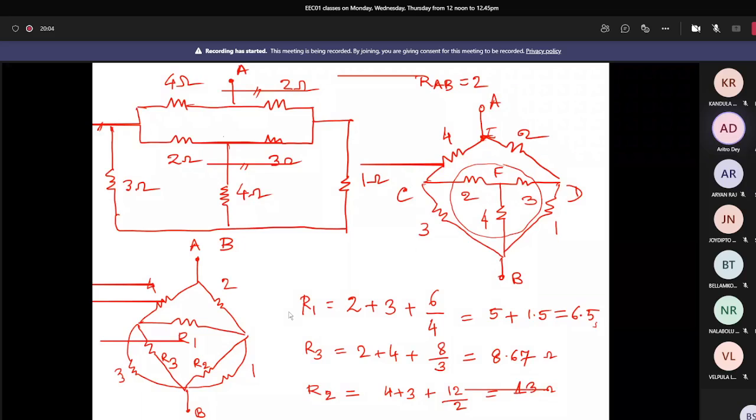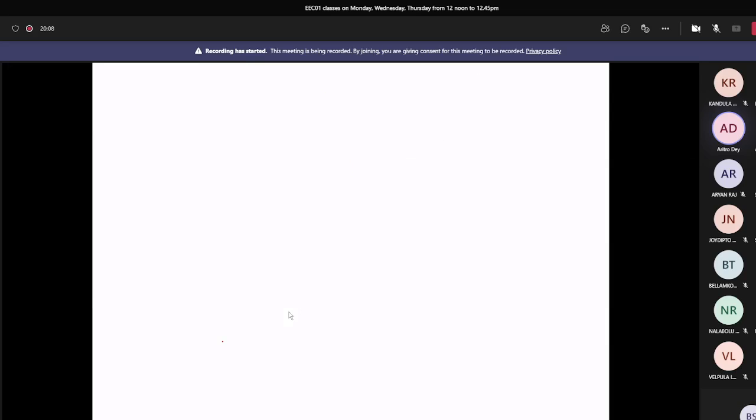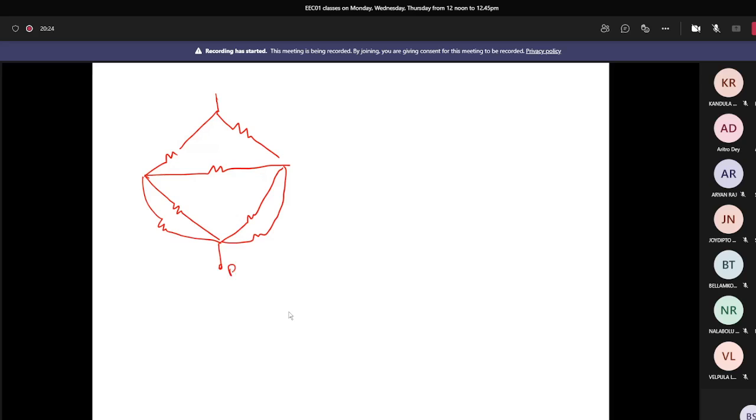So once you have that, then you have to use it. I'll go to the next slide. So what value did we get in the previous slide?